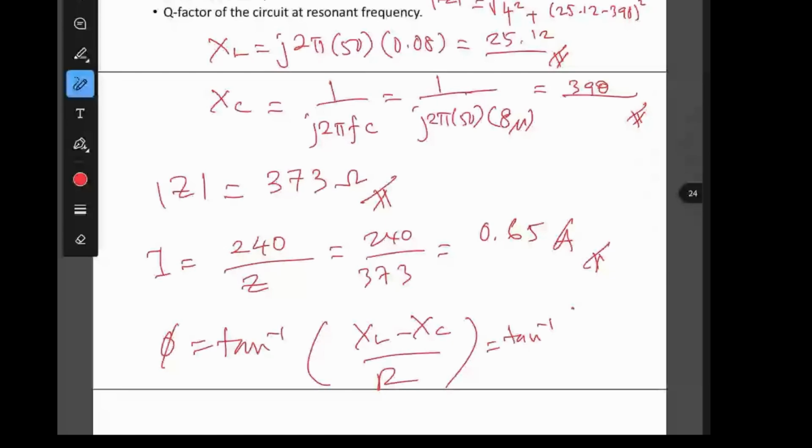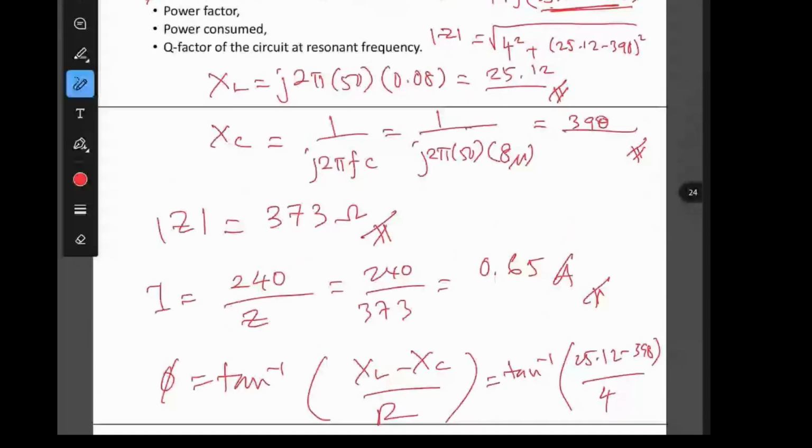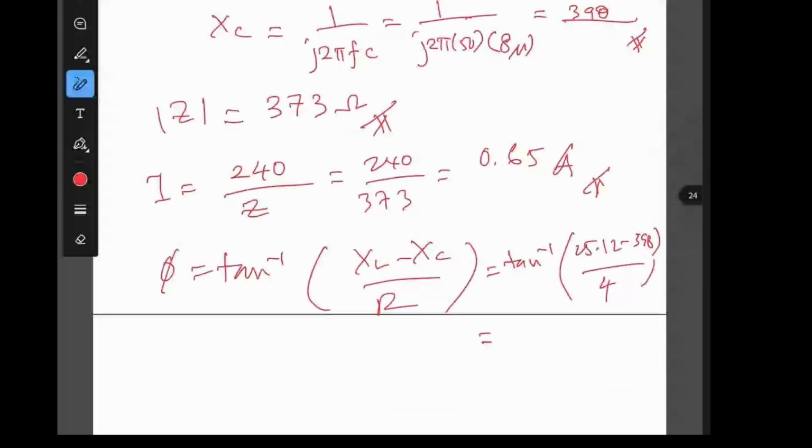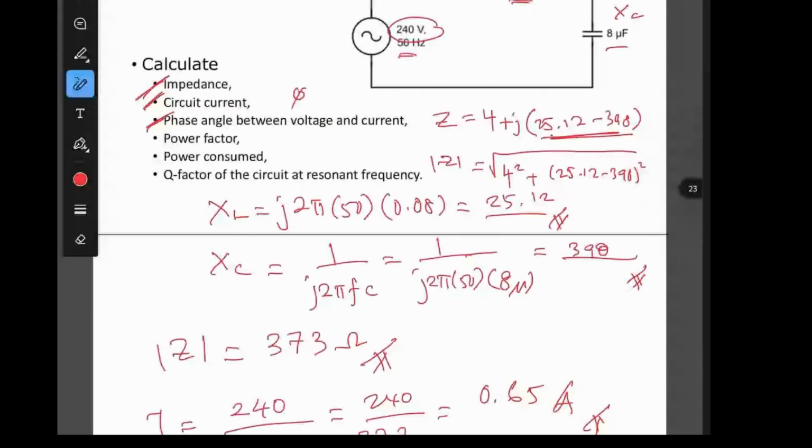Tangent inverse of 25.12 minus 398 over R, where R is equal to 4. Okay. We get minus 89 degree.